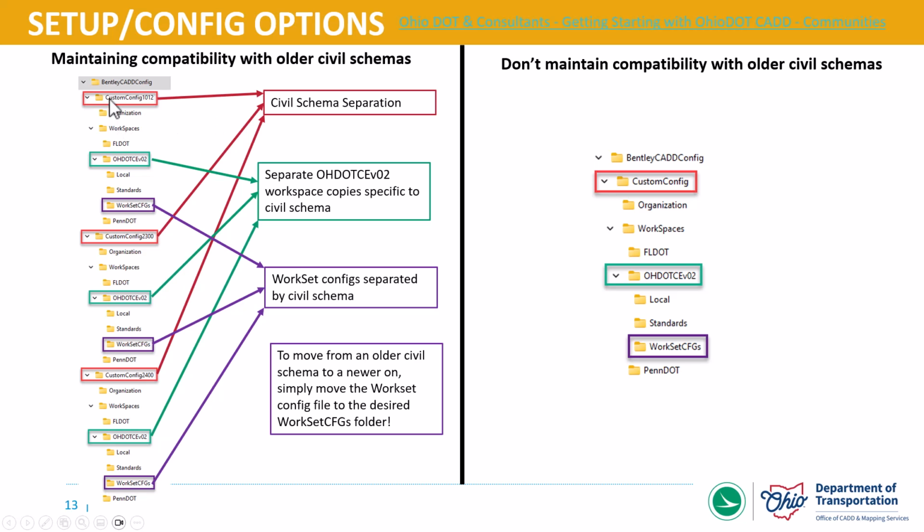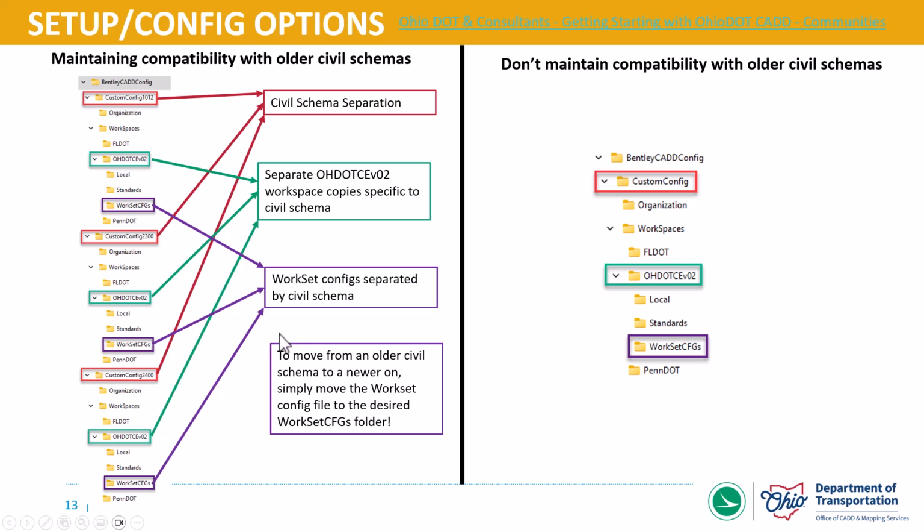And then as long as for each ORD product or OpenX product you have installed that's using that schema, you point the configuration to that custom config, then when you load that version of the OpenX product, you should only see the workspaces that are compatible with that civil schema. It makes it really nice to keep track of.